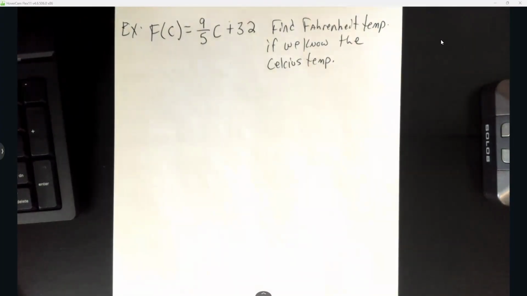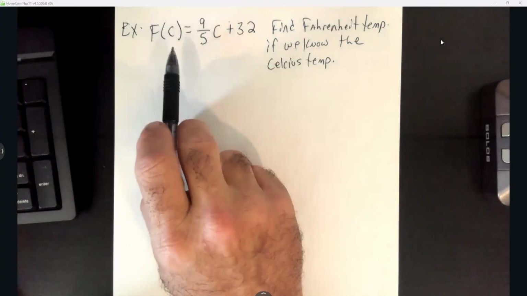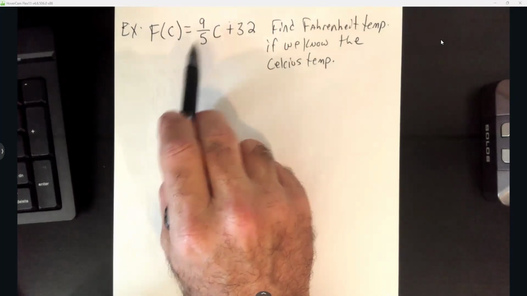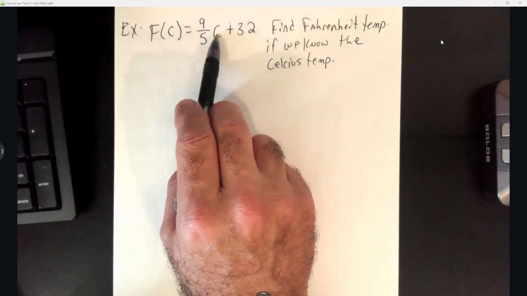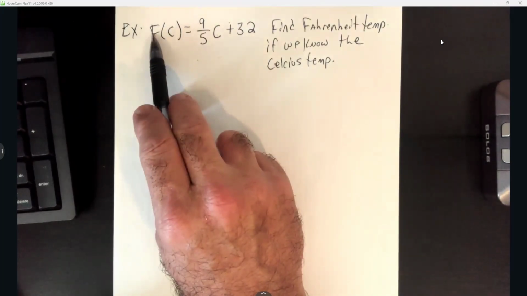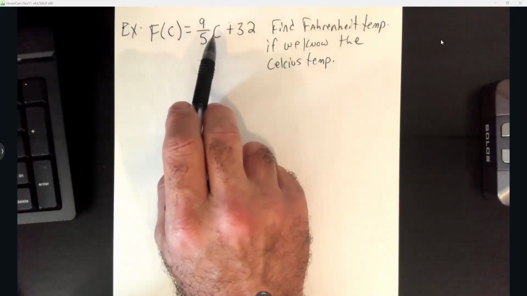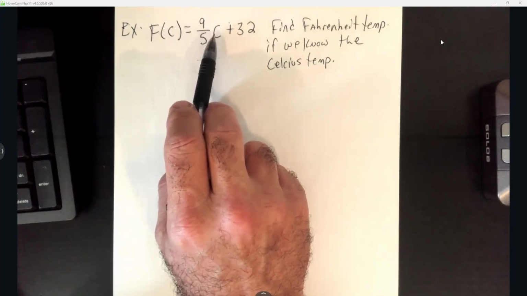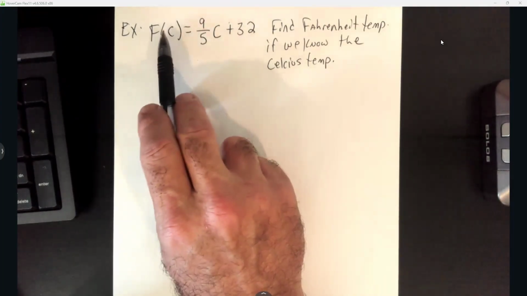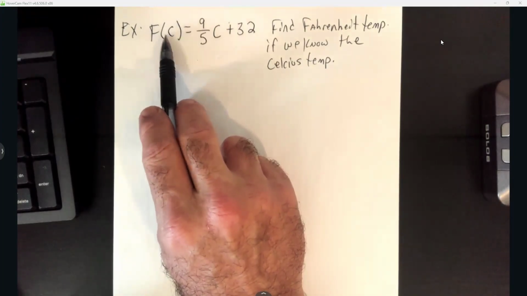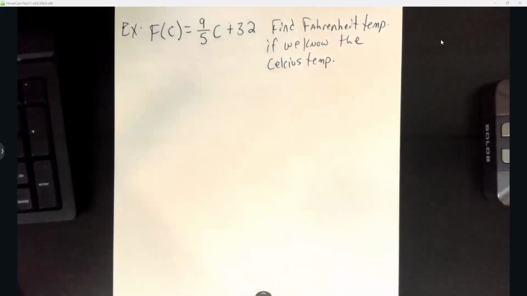And then they got one to convert from Fahrenheit to Celsius. But say you're in England and they got Celsius temperatures, you can plug them Celsius temperatures in and find out what the Fahrenheit would be, okay? Like 100 degrees Celsius is boiling water. Well, that equals 212 in Fahrenheit and stuff like that, okay?